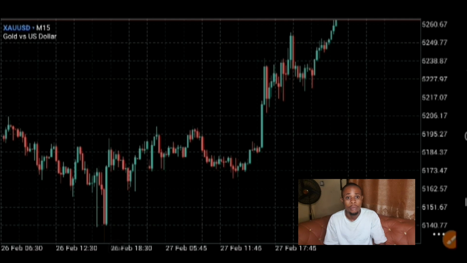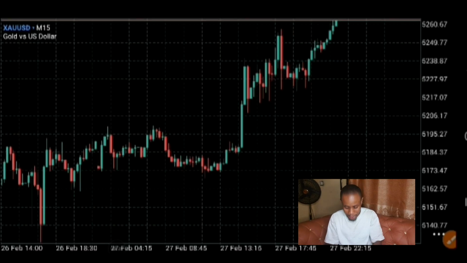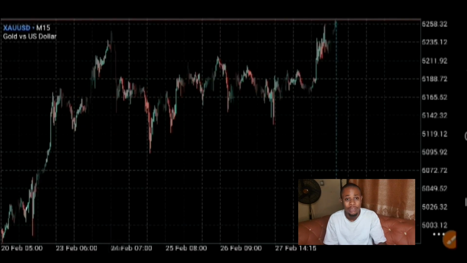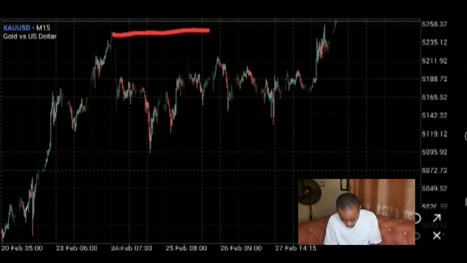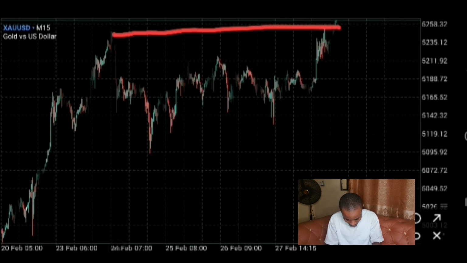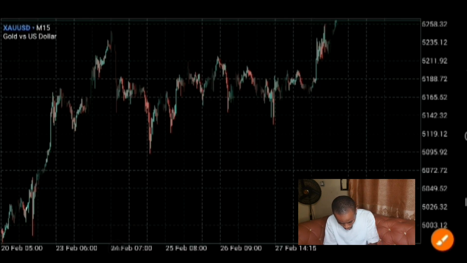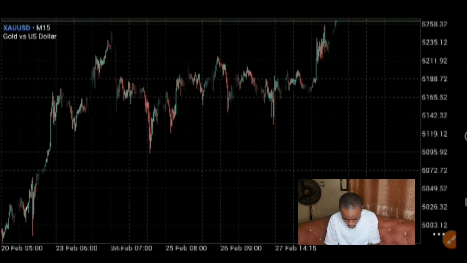Now in the 15 minutes time frame, it looks like the chart is changing, but this long support we are seeing here is the same support that we saw in the 1 hour time frame that looks a bit broader, and it's still the same support that we saw in the 4 hours time frame that looks a bit shorter.